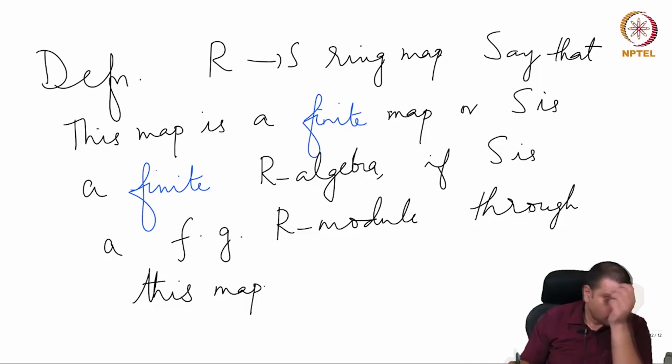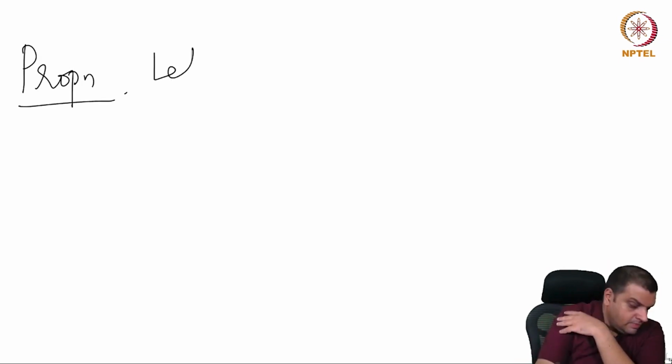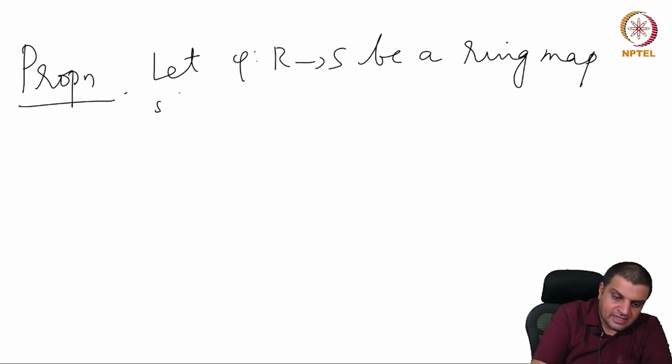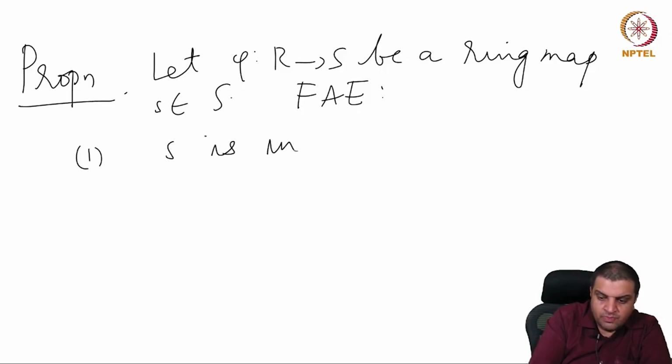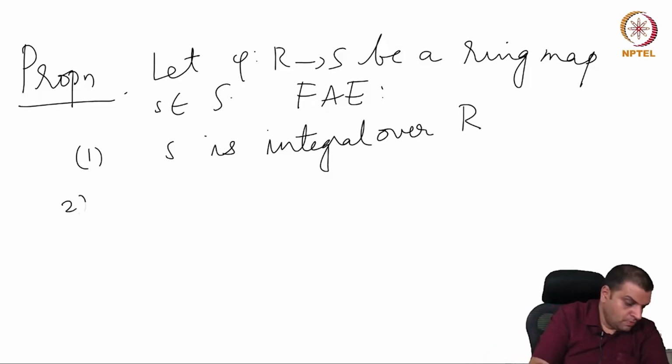Okay, so now here is a proposition. Let phi from R to S be a ring map, and little s in S. Then the following are equivalent. 1. s is integral over R. 2.